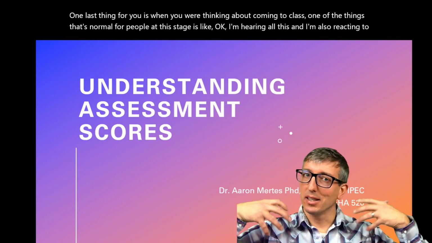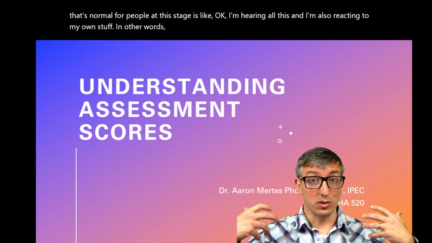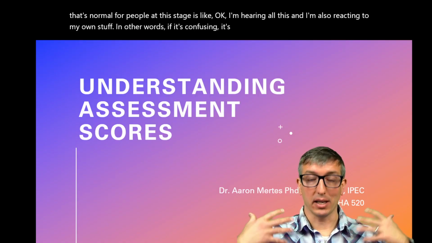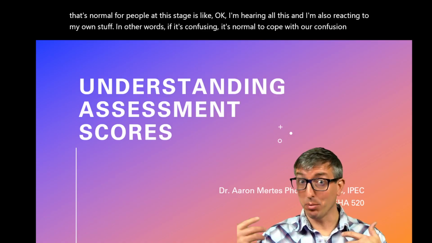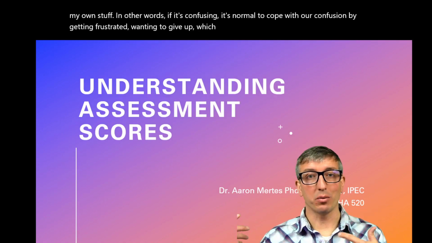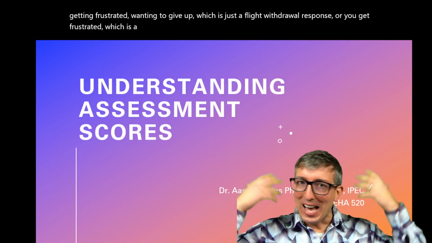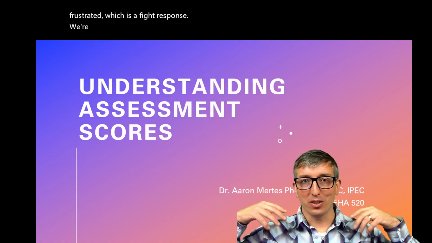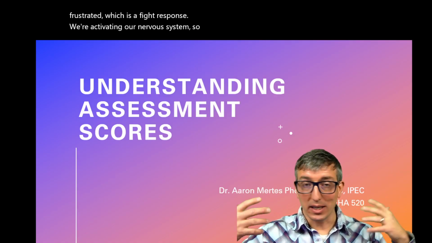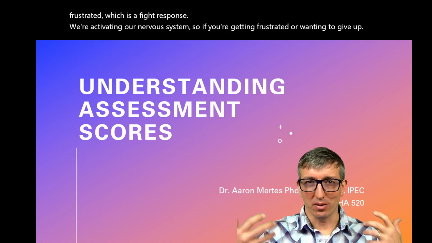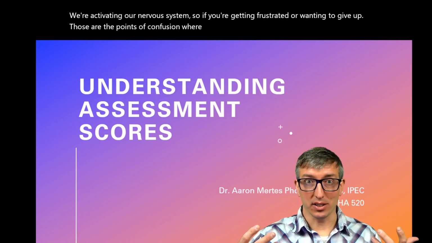In other words, if it's confusing, it's normal to cope with our confusion by getting frustrated, wanting to give up, which is just a flight withdrawal response, or you get frustrated, which is a fight response. We're activating our nervous system. So if you're getting frustrated or wanting to give up, those are the points of confusion where you might want to ask some questions, okay?